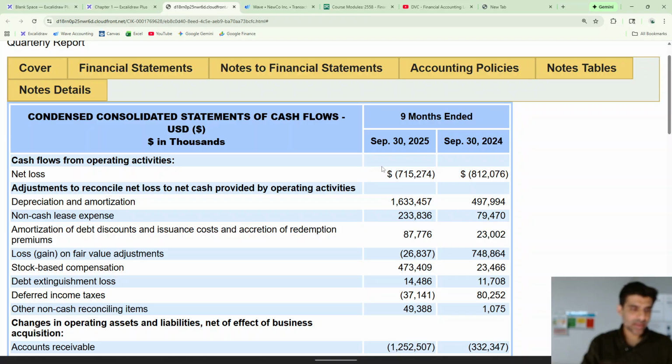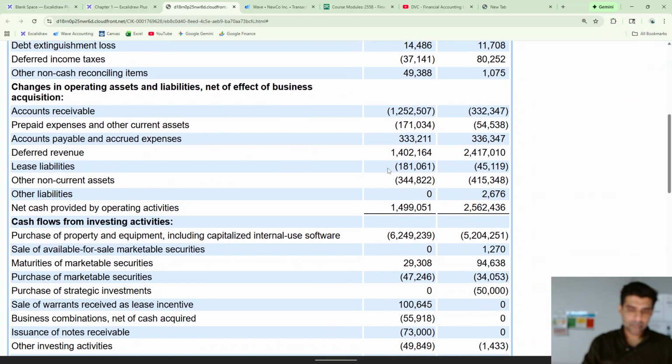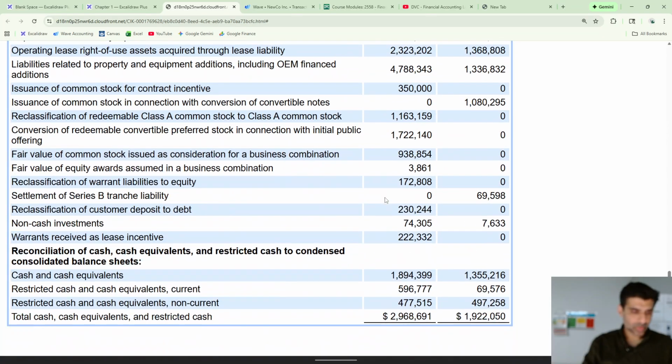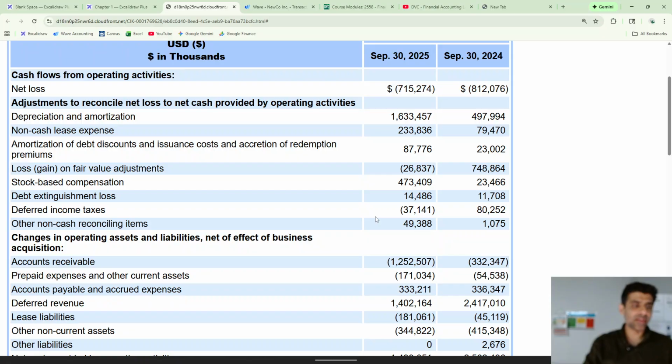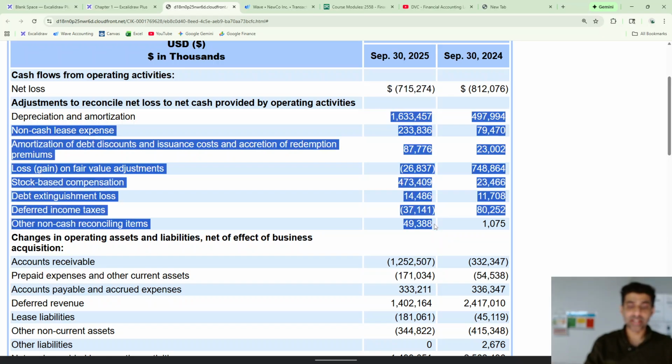Okay, you can see that it's taking reconciliation with cash. So there's basically 3 sections to it. It's going to take the net income. It's going to do a bunch of adjustments to it.